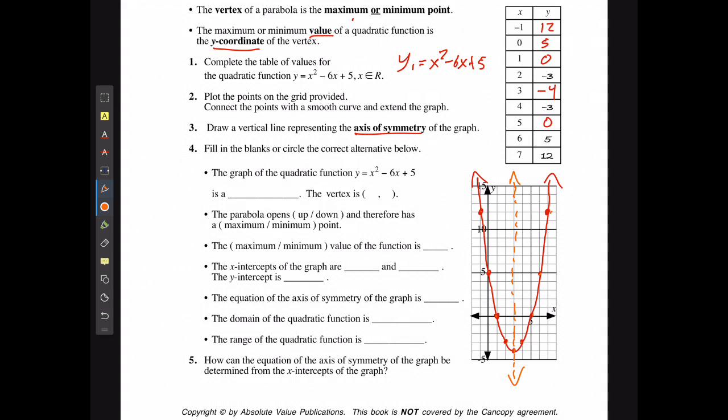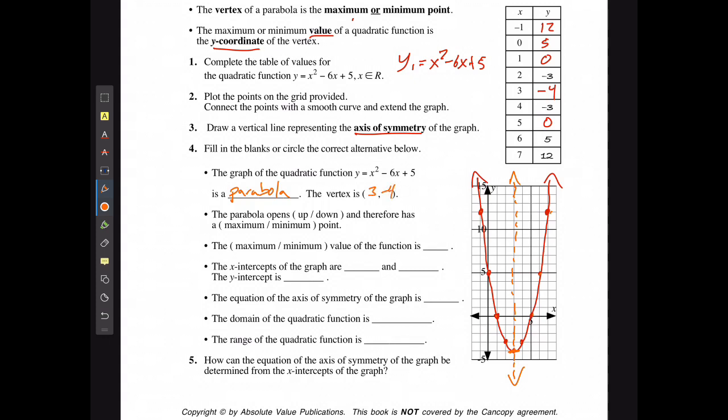Next, we're going to state that the graph of the quadratic function, y is equal to x squared minus 6x plus 5, is a parabola. The vertex, or lowest point, is going to be at the coordinates of 3 and -4.